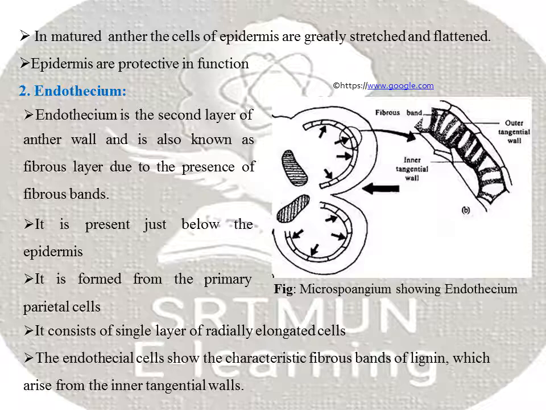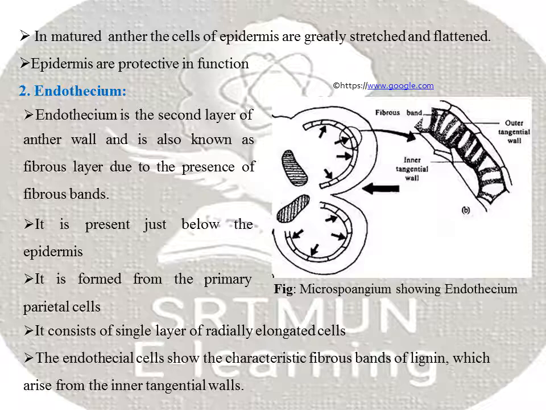Next point, endothecium. Now, in the figure, microsporangium showing endothecium, we can see the inner tangential wall and outer tangential wall.